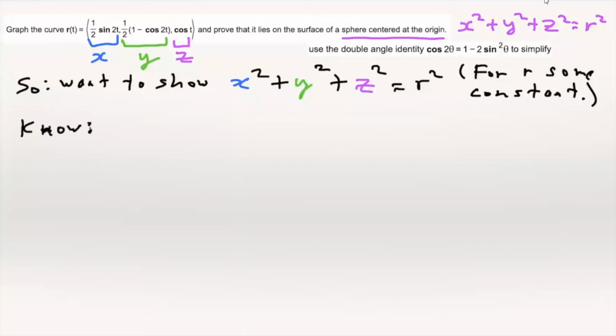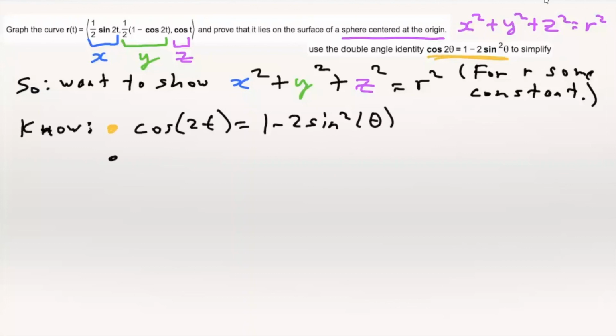Well, it tells us over here that cosine of 2t is 1 minus 2 sine squared t. This is one of the three equivalent forms of the cosine double angle identity. And the other double angle identity that we should know, memorize this, is that sine of 2t is 2 sine t cosine t. We used this, in fact, earlier in this lecture.